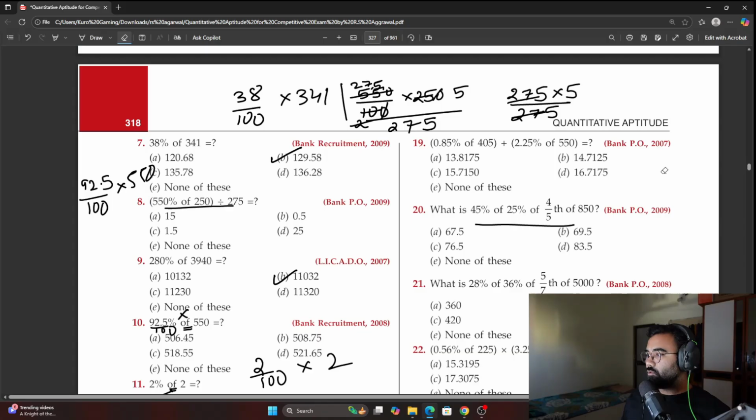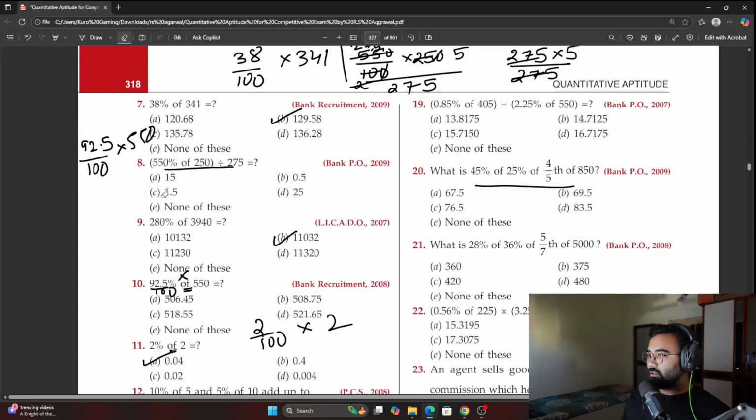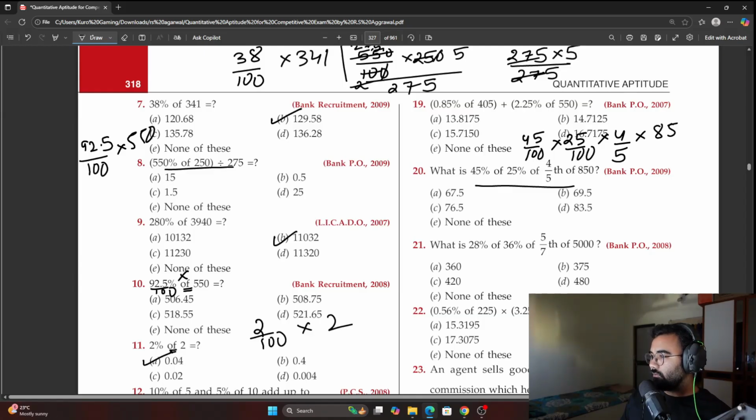I need more space because I think my writing is a little bit thicker. So 45% of 25% of 4/5 of 850.